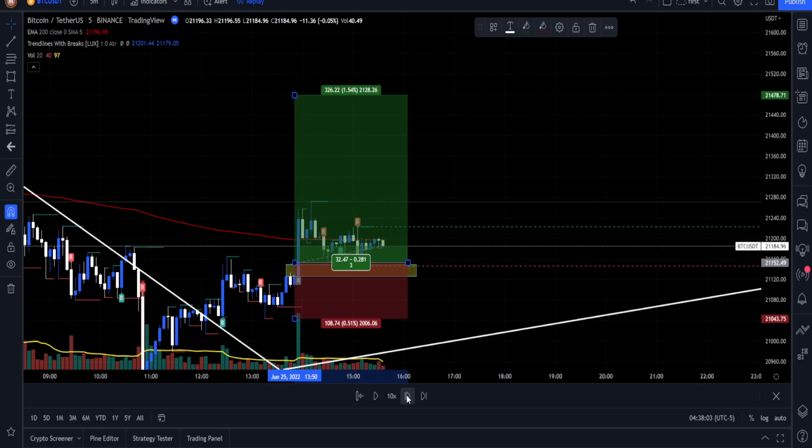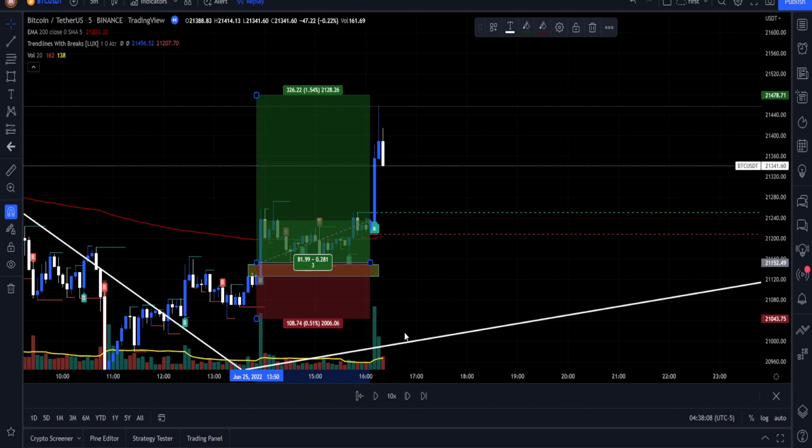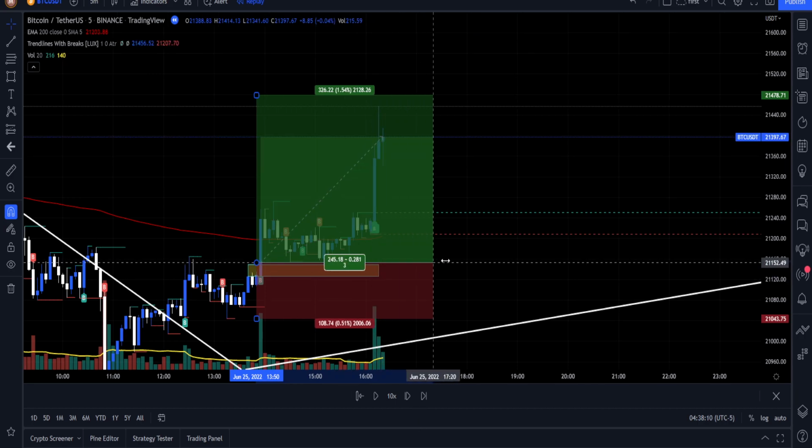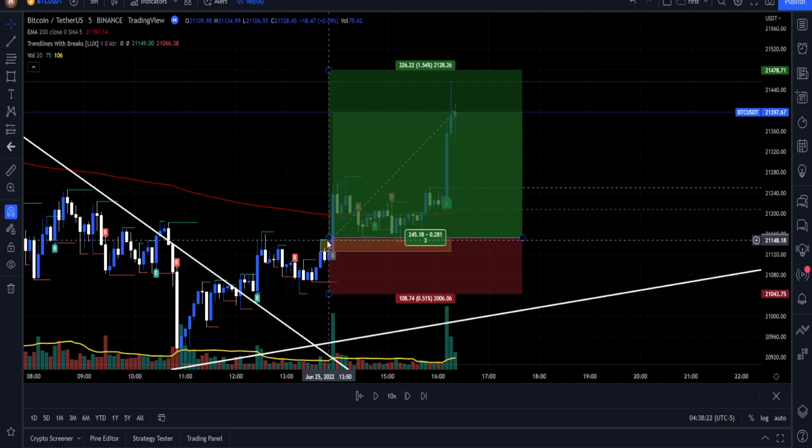Is it gonna hit? It definitely came close there. But as you can see, if you go to the 1-to-1, you can take 50% off and you don't ever have to move your stop loss. We traded break of structure right here.